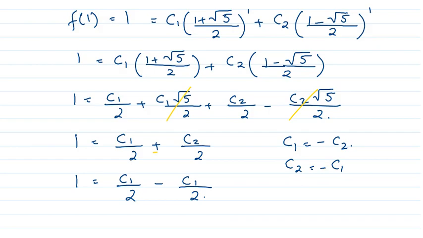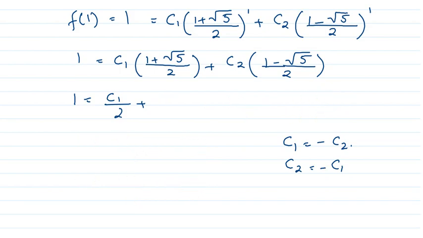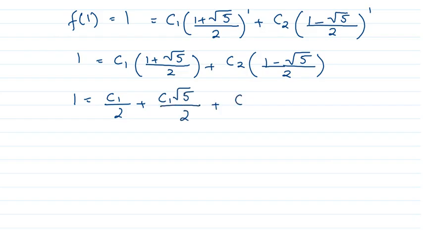Let me erase it. Sorry, here I have made a mistake. These two can't be cancelled with each other. This is going to be C1 under root 5 by 2 plus C2 by 2 minus C2 under root 5 by 2.